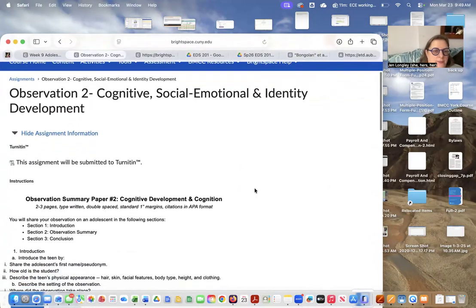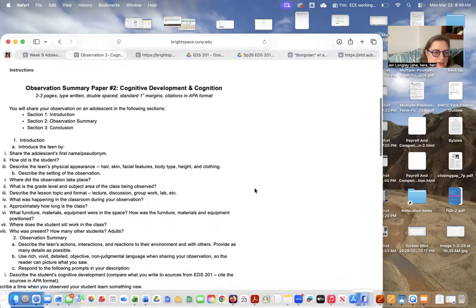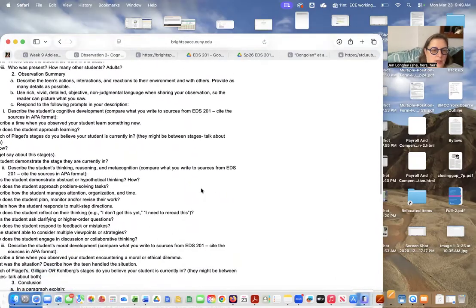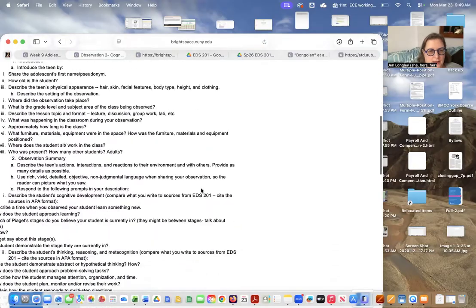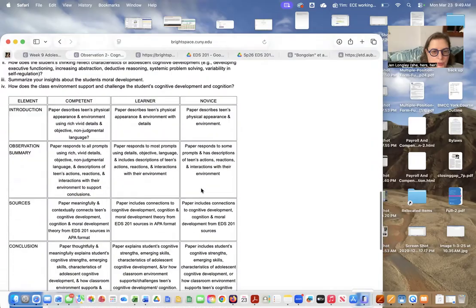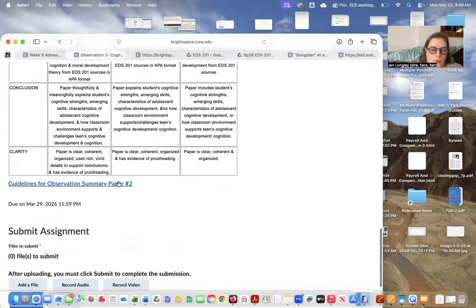So I embedded the document in the assignment. However, the formatting did not come through very well. So what do I mean I embedded? I copied and pasted the information from the syllabus into Brightspace, and that didn't work so well.